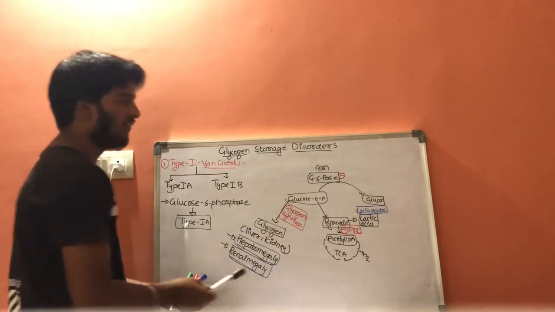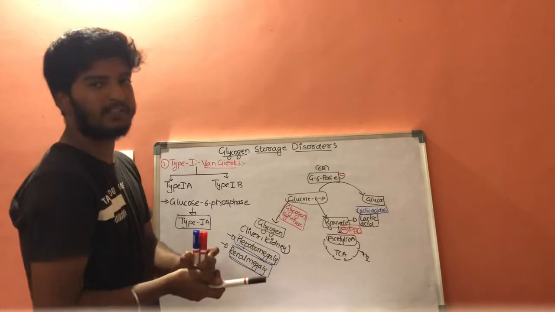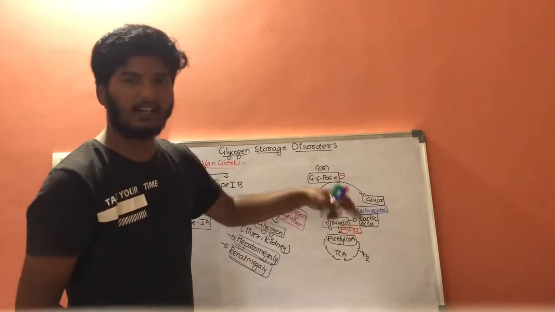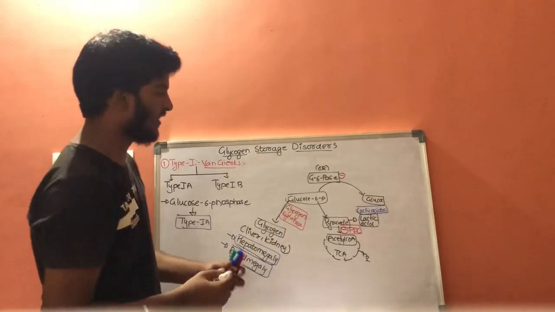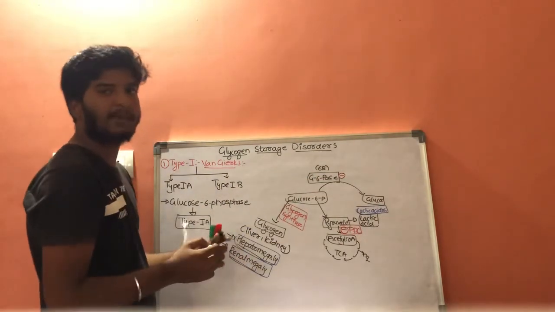Whenever this glucose 6-phosphatase enzyme is blocked, glucose 6-phosphate cannot get converted into glucose, and ultimately the glucose concentration will decrease. That condition is called hypoglycemia.